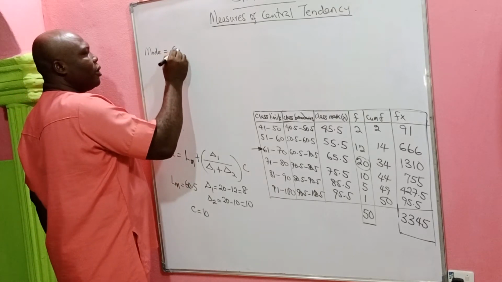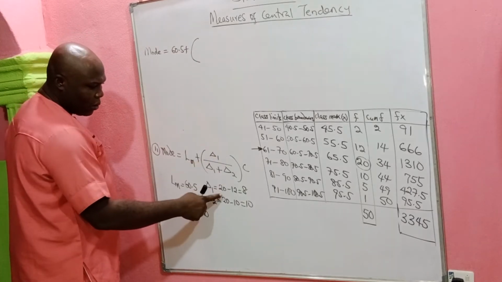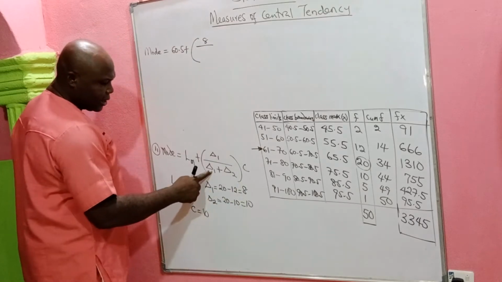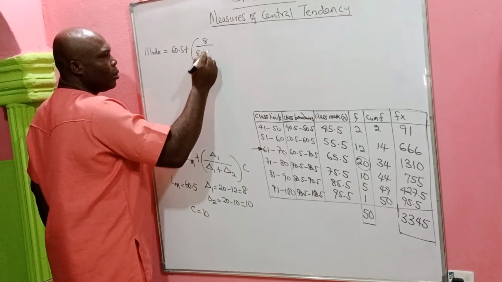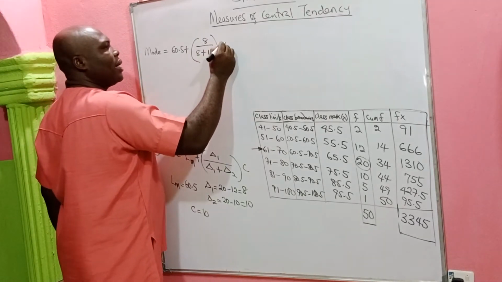I record 60.5 plus, I open my bracket. Delta 1 is 8. So I record 8 all over delta 1 again, which is still 8, plus delta 2, which gave us 10. And then we multiply by the class size of 10.